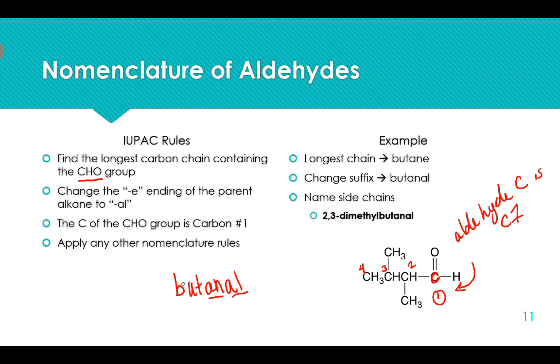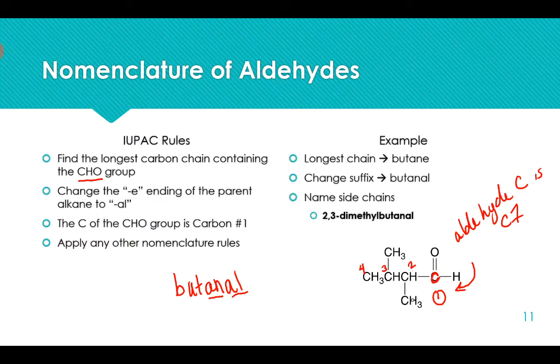When you pronounce this, you have to enunciate butanal. I know it looks like anal, but please do not pronounce it as butanol. Butanol is an alcohol. Butanal is an aldehyde. Gotta watch your pronunciation, folks. Butanal.